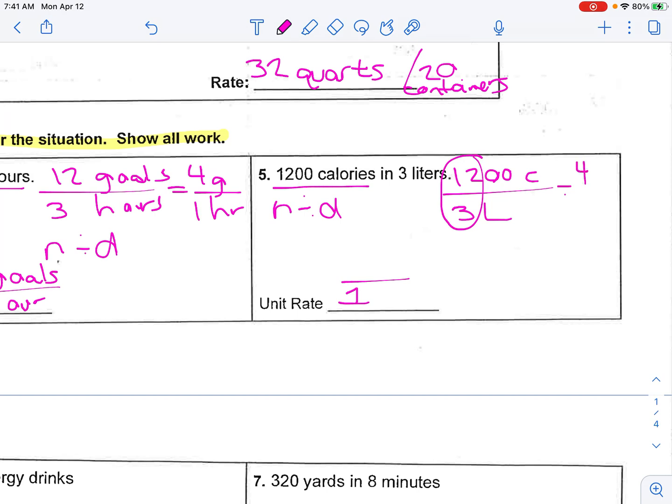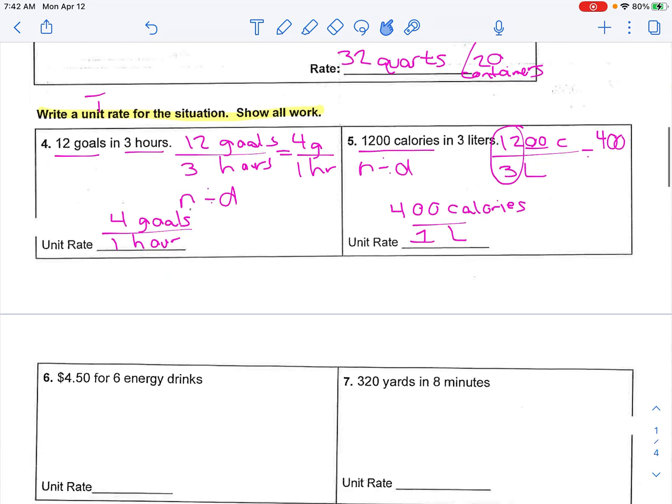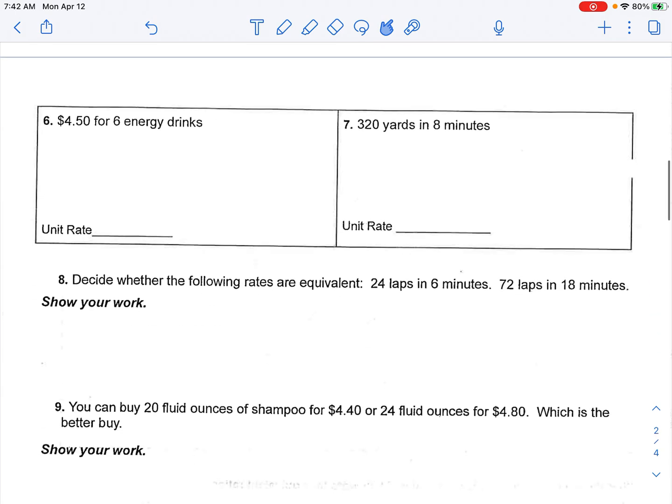Well, I know that 12 divided by 3 is 4. And then I've got 2 extra zeros over here, so that must be 400. So if there are 1,200 calories in 3 liters, there are 400 calories in 1 liter. Remember, labeling your rates and ratios is always required. That way we need to know what you're talking about.